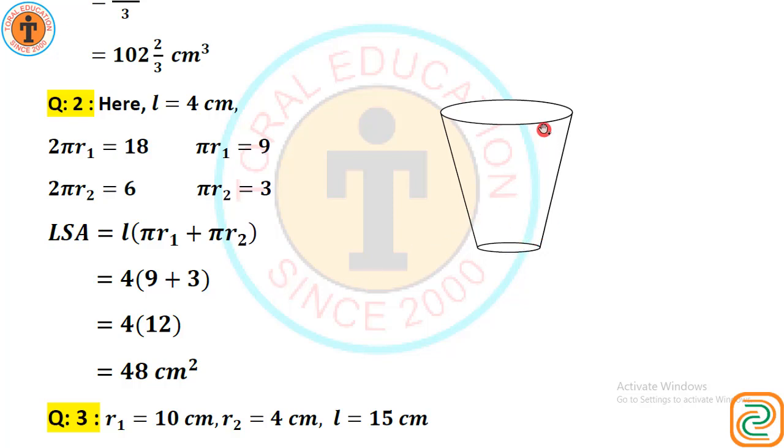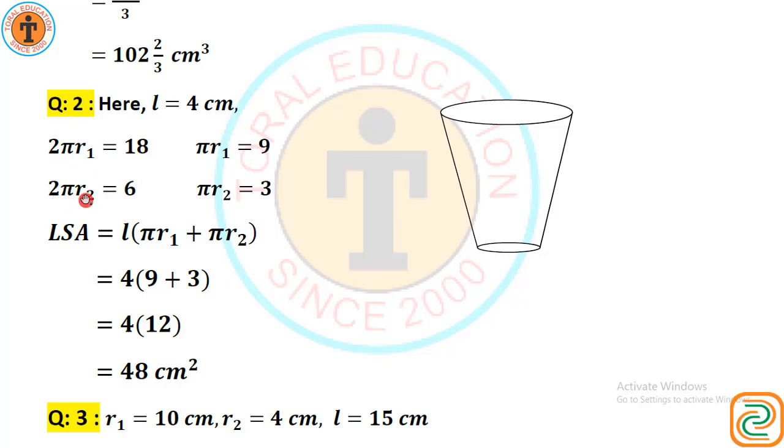Here friends, two circular ends and the slant height are given. We want to find the LSA, lateral surface area. So L is given, 4 cm. 2 pi R1, that is the bigger circumference, is 18. Therefore pi R1 is 9 because 2 goes there.